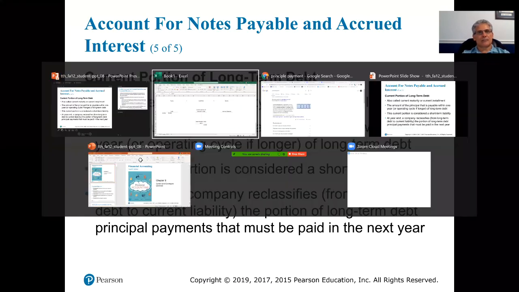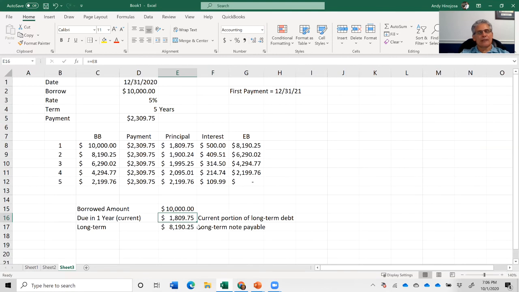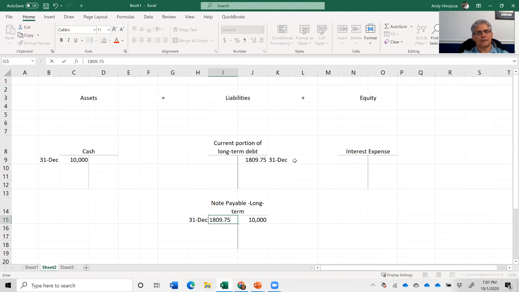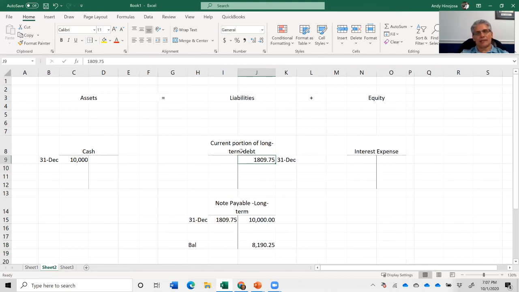And that adjustment is going to be a credit of 1,809.75 to current portion of long-term debt, and then a debit for the same amount to note payable long-term, 1,809.75. So that the balance that's actually going to be reported for note payable long-term is $8,190.25. And the balance that's going to be reported on the financial statements as the current portion of long-term debt is 1,809.75.